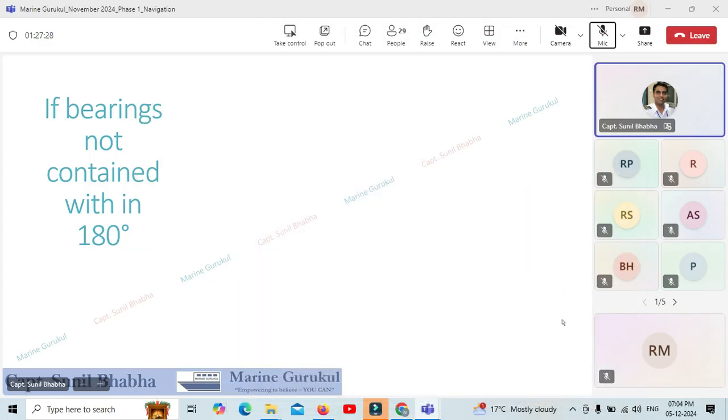So we are now going to see the first example in which the bearings are not contained within 180 degrees.